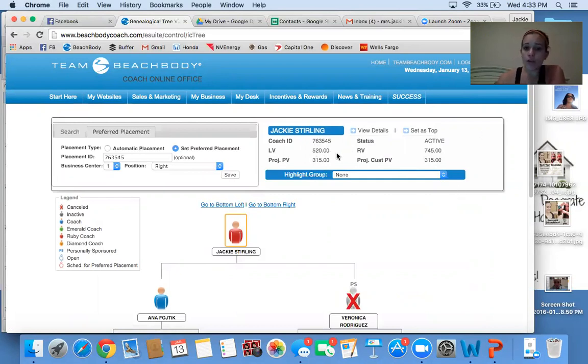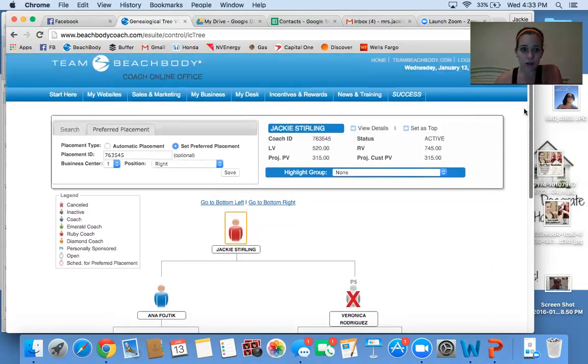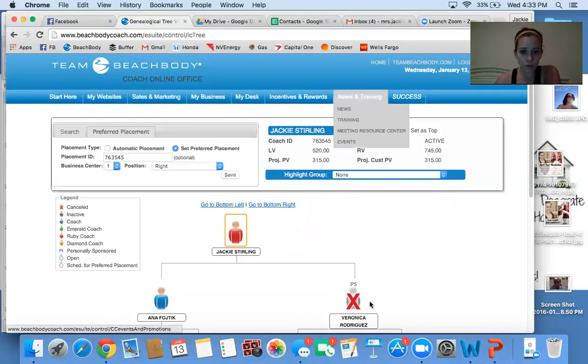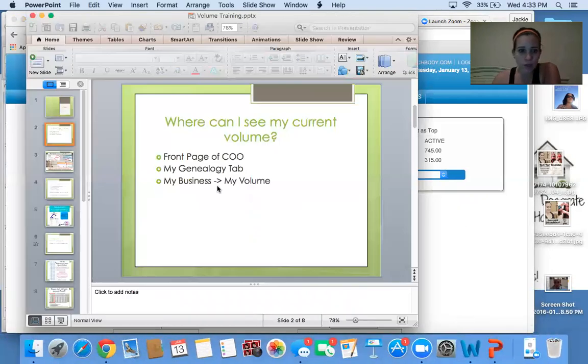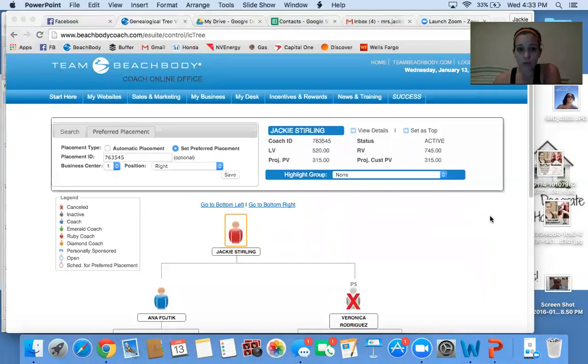On Thursday, after 12 a.m. on Wednesday, this will all reset to 0 and you'll start again for the week, because we get paid weekly on our volume, assuming you're Emerald. So those are going to be the 3 pages where you can, oh, I forgot one, sorry.